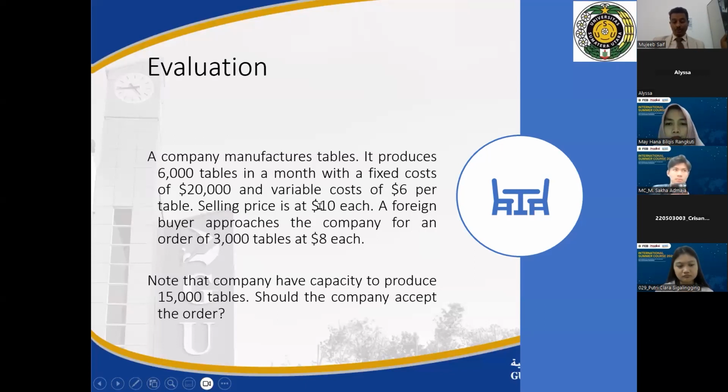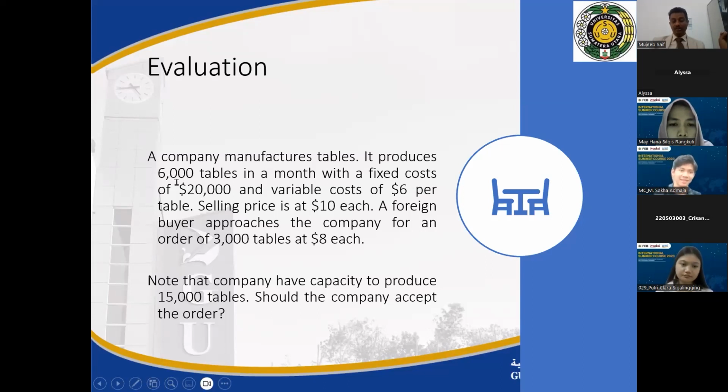If I want to know how much this table costs, there is a variable cost of $6 and a fixed cost in total of $20,000, which we divide by the number of tables, 6,000.